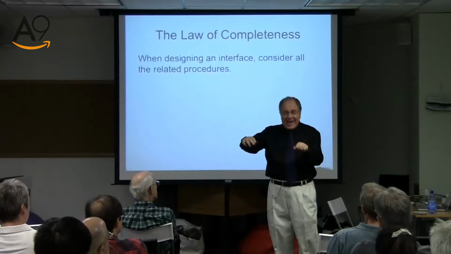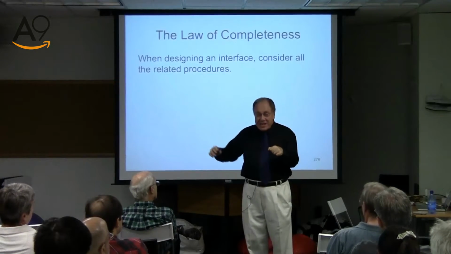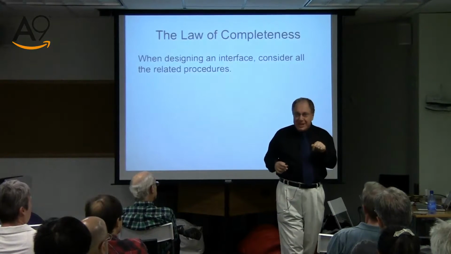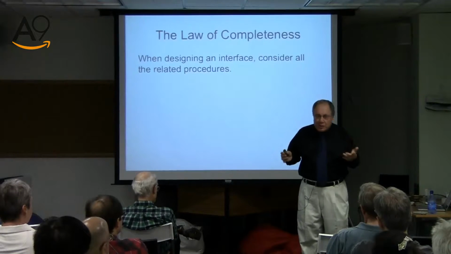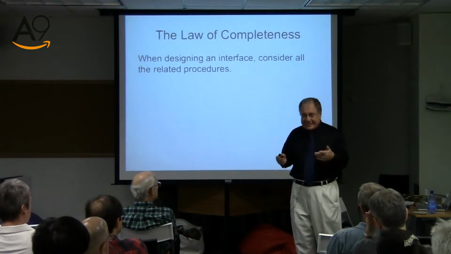You could actually have a data structure with one method: insert or erase or find length or do whatever. You shouldn't be doing that. That doesn't mean completeness. Completeness means not putting everything into one interface, but considering related interfaces, investigating, exploring the space.